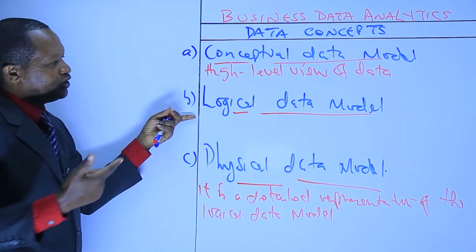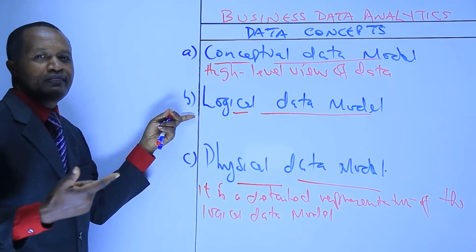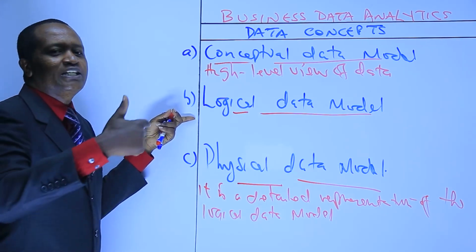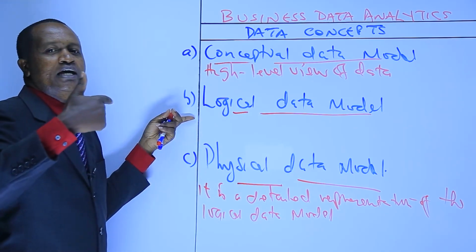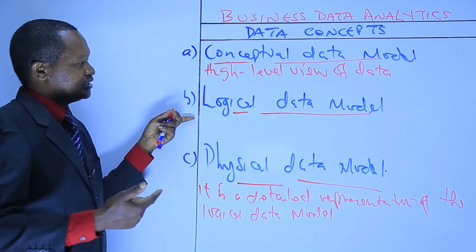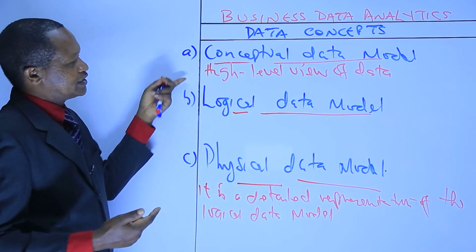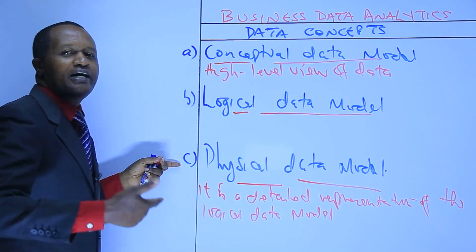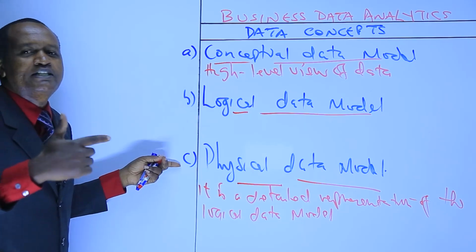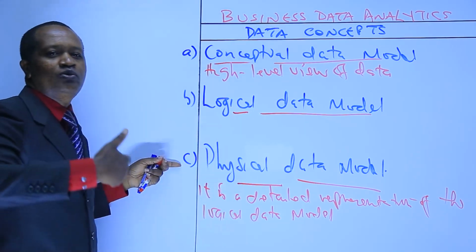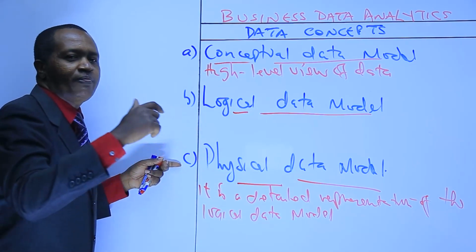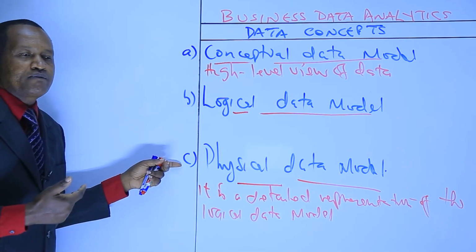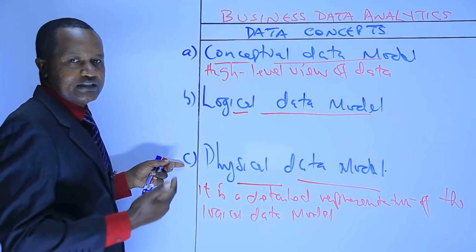Then the logical data model adds technical details and structures to this conceptual data model. Then the physical data model specifies the details of how the data is stored and how the data is accessed.